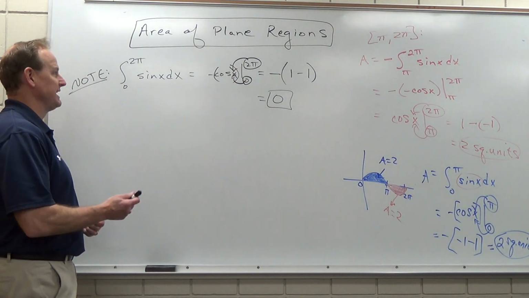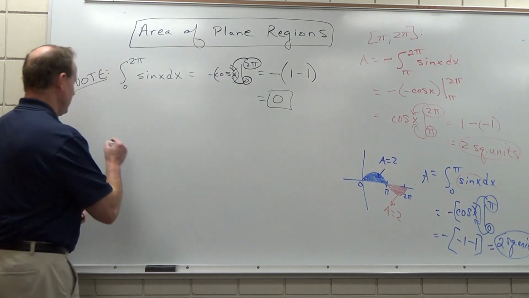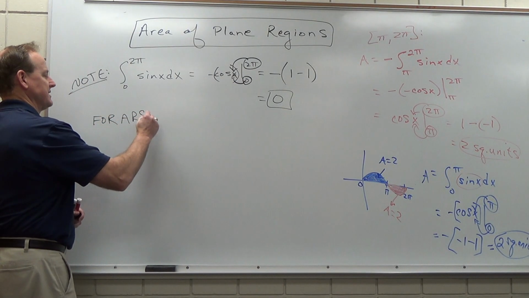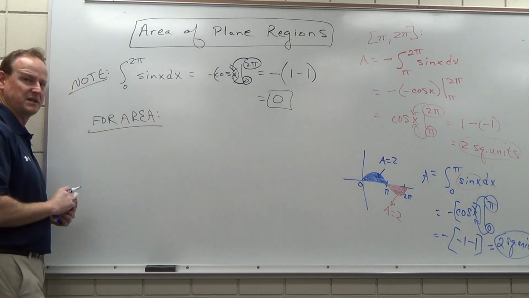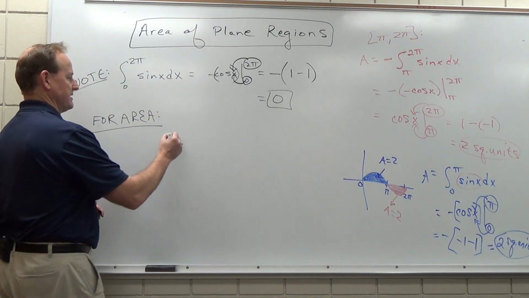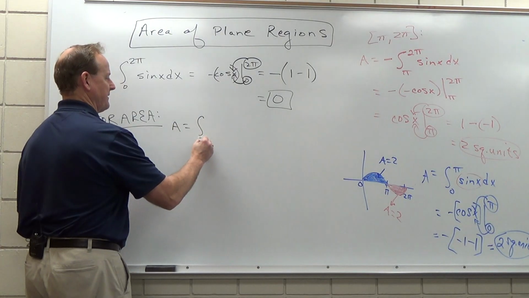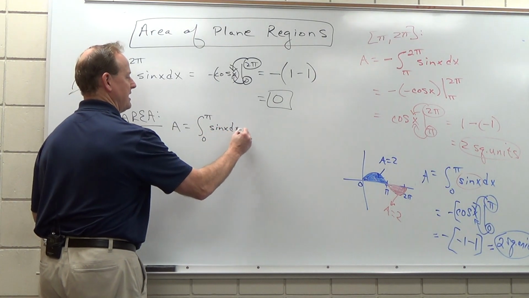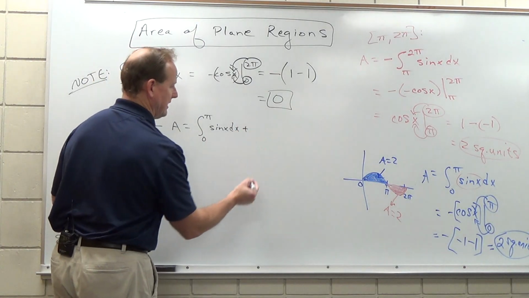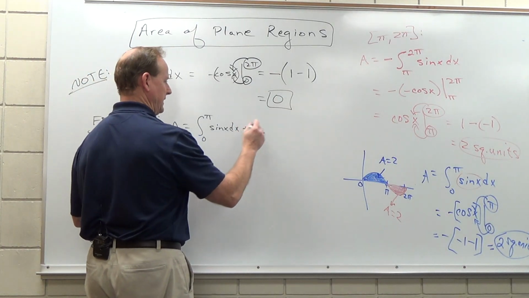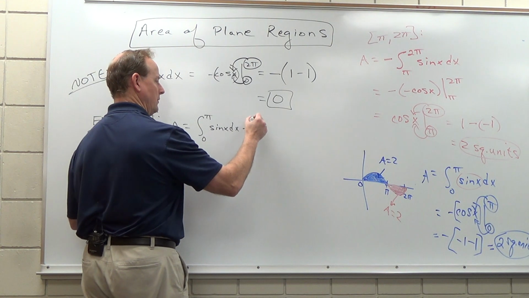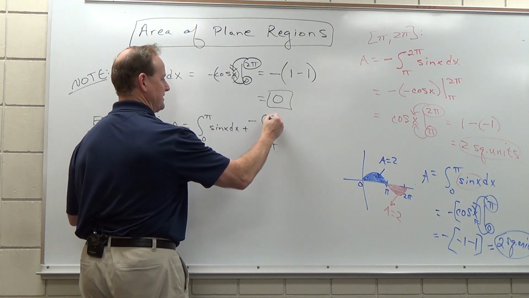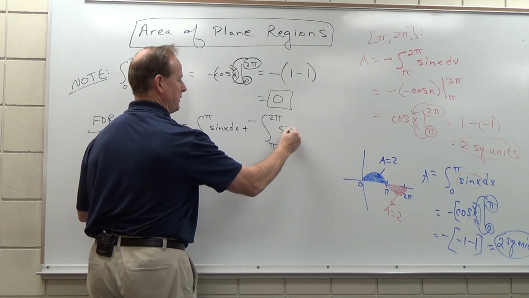So if we want to do the area, we have to do it one of two ways. We can split it up as what's above the x-axis and what's below the x-axis. So we can say that the area is going to be the definite integral from 0 to pi of sine of x with respect to x plus the negative integral, so the opposite of the definite integral from pi to 2 pi of sine of x with respect to x.